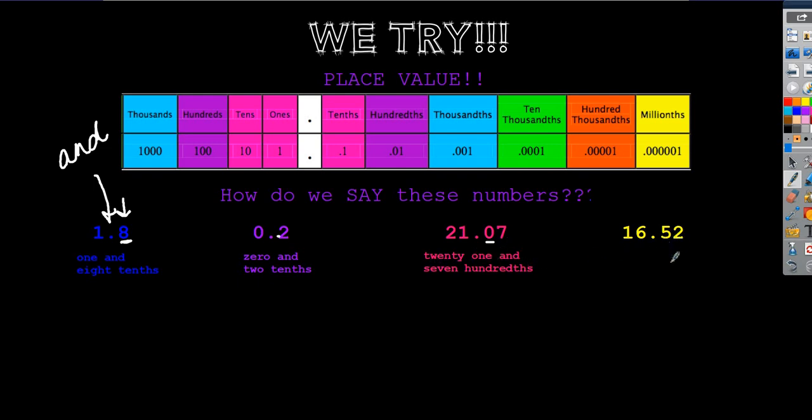Now with this one, I'd like you to change it to 16 and 52 with the 0 in front of it. So when you read this, it will be 16 and 52, so we're ignoring that 0, but now it ends 3 places after the decimal, so it's thousandths.